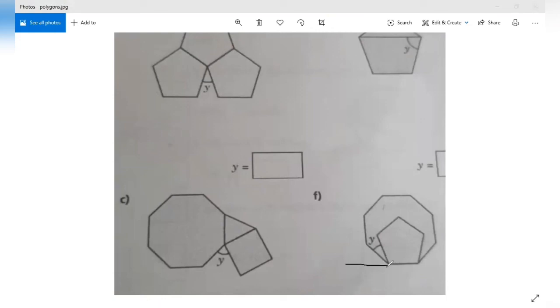So first thing you want to remember is that the exterior angles of any polygon in the world add up to 360. So if you do 360 divided by 8, you should get 45 for the exterior of an octagon. 45 degrees each for the exterior.